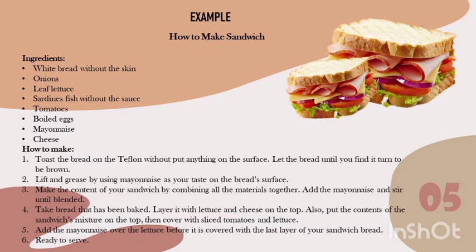Layer it with lettuce and cheese on the top. Also, pat the contents of the sandwich mixture on the top, then cover with sliced tomatoes and lettuce. Add the mayonnaise over the lettuce before it is covered with the last layer of your sandwich bread, and then it is ready to serve.